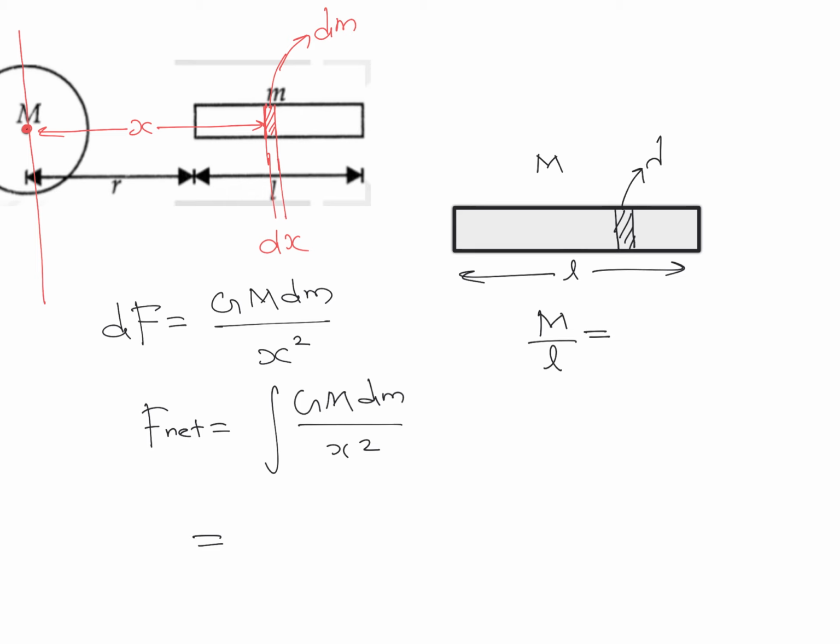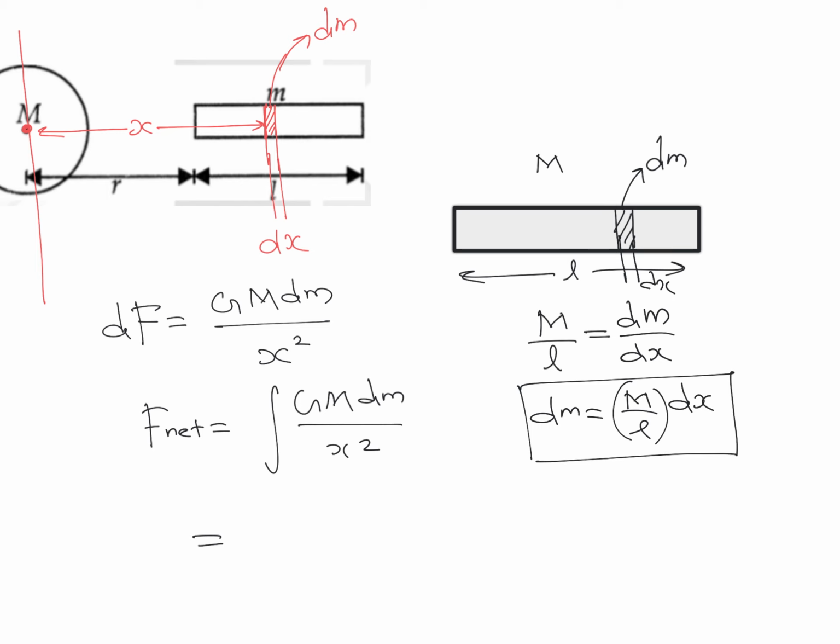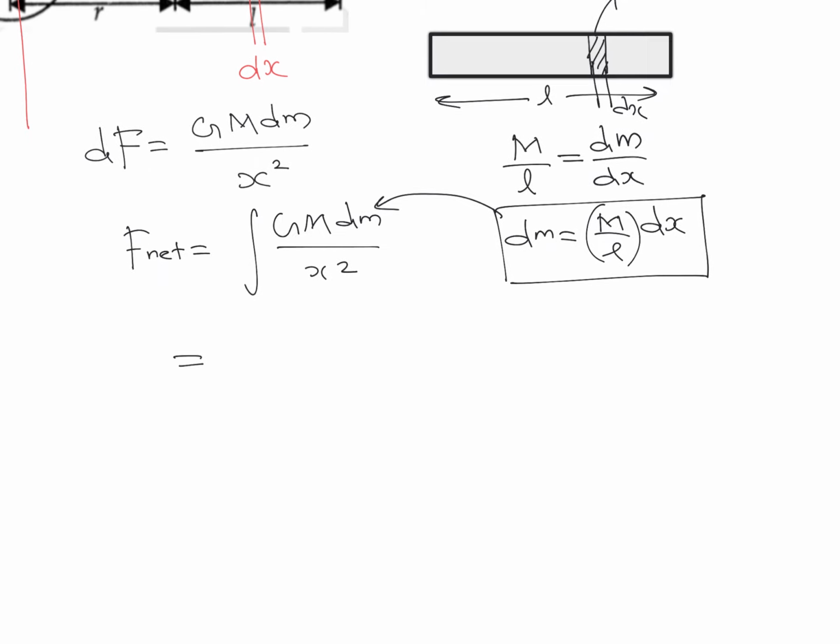If I take a small element of mass dm and length dx, the ratio is dm divided by dx. So dm is equal to the mass per unit length, m divided by L, into the length of that element, dx. So dm is total mass by total length into the length of the small element we selected. Now we can put this value instead of dm.